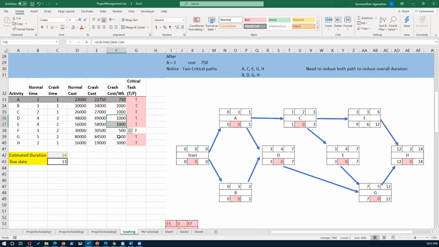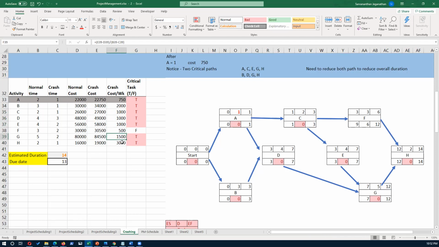Now, another option that we have here is to reduce the task which is common to both paths. Both these paths have a common node, which is G. We can reduce that by 1. Now that only costs 1,500, not 2,000 for both of these.